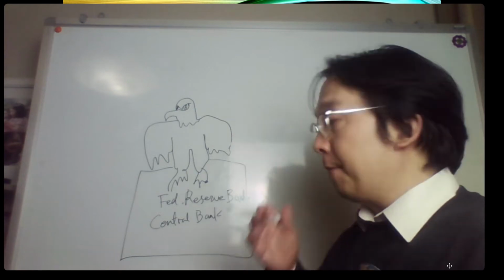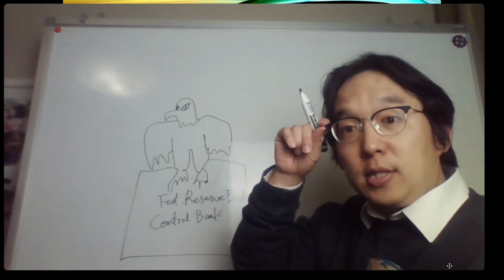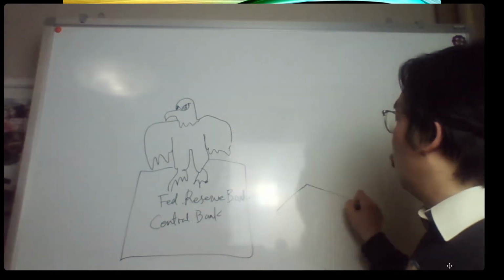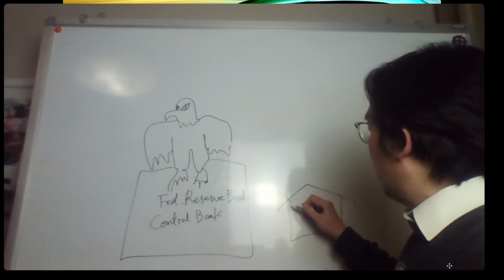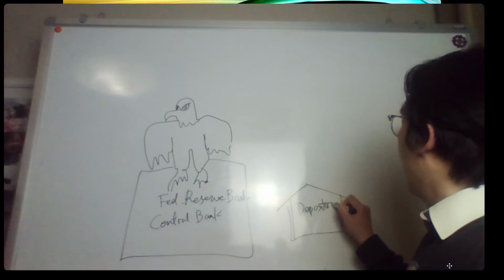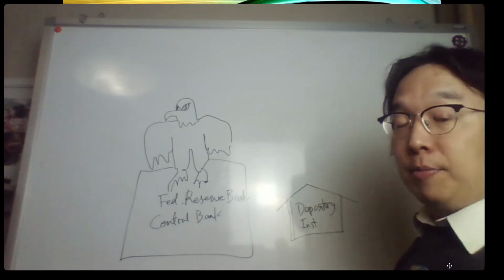And then, what is this central bank doing? They work as a lender of last resort to depository institutions, for example, commercial banks and retail banks.